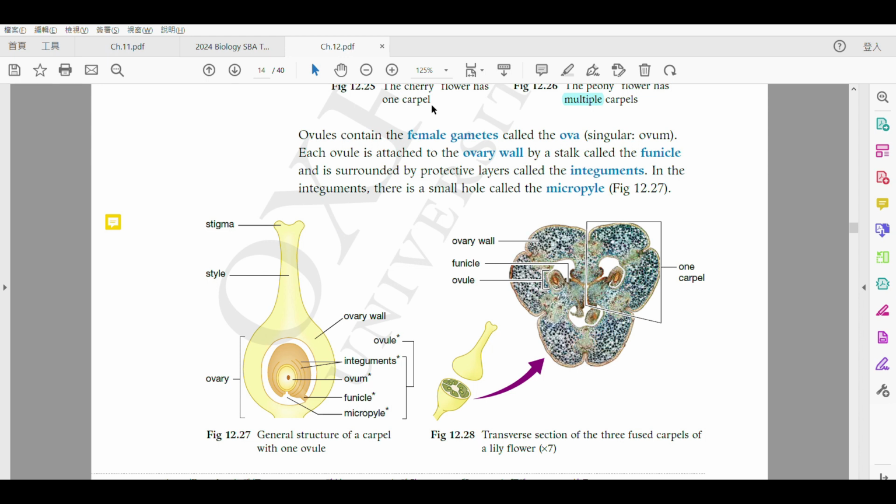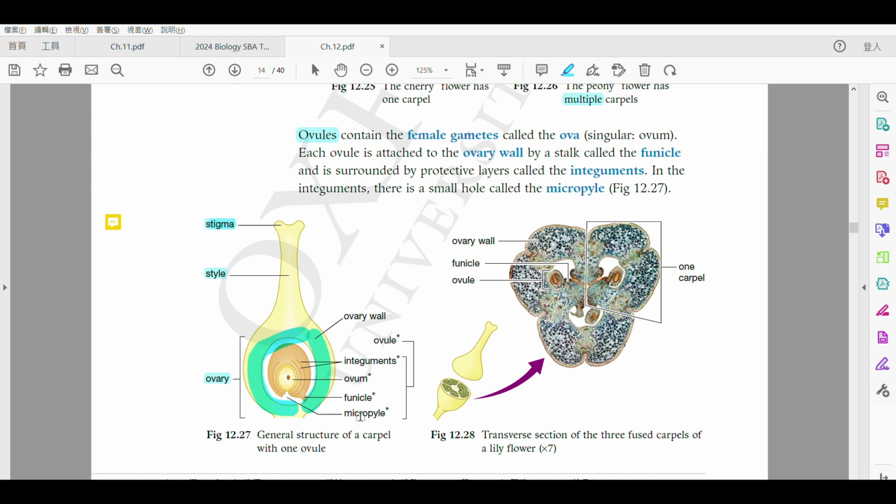So what exactly is an ovule? Try to look at this diagram. Stigma and style are very easy, so we won't talk about that. The remaining part, we call it the ovary. The whole thing is the ovary, except the ovary wall, the outermost layer.